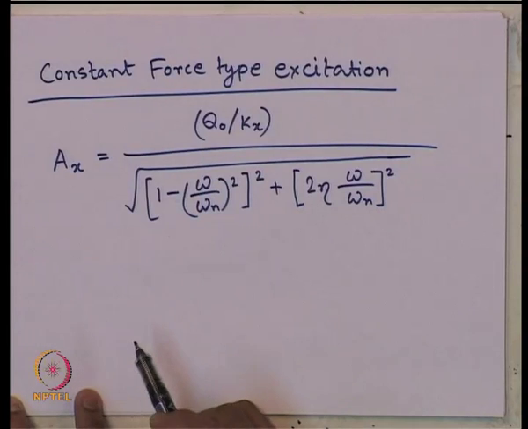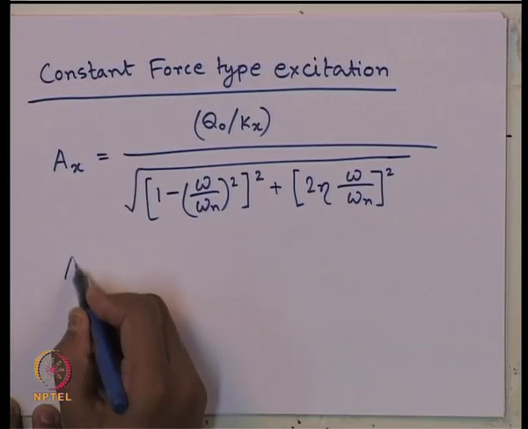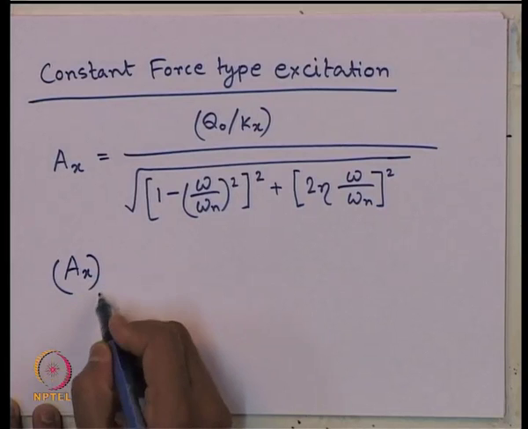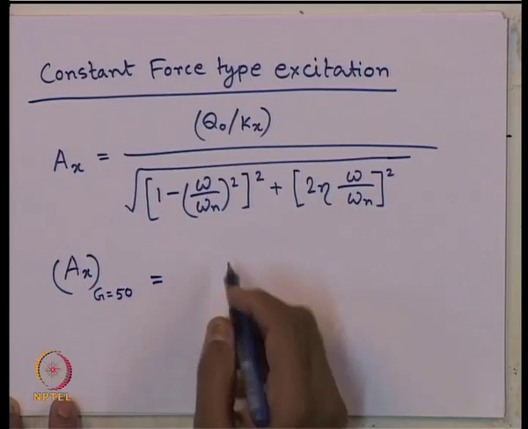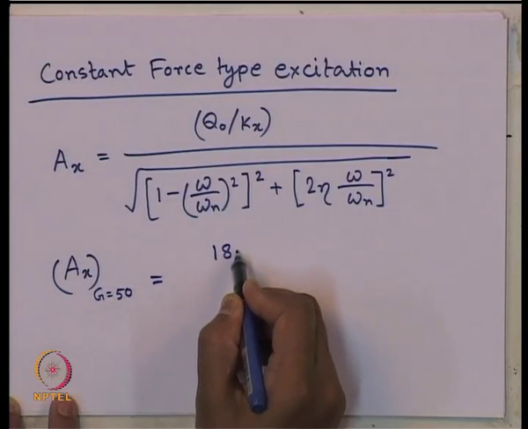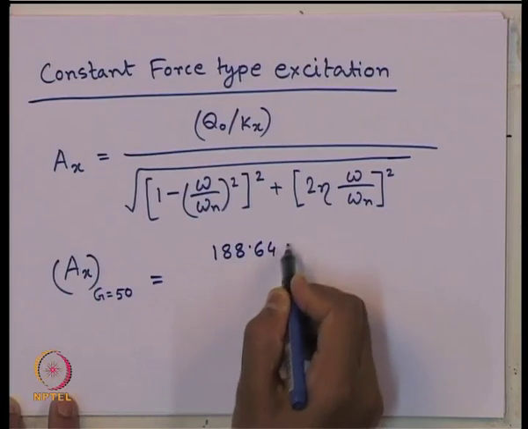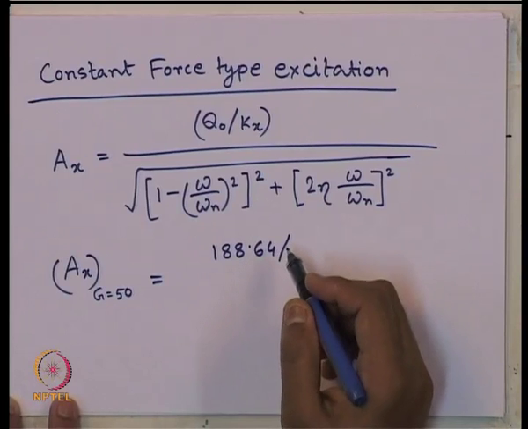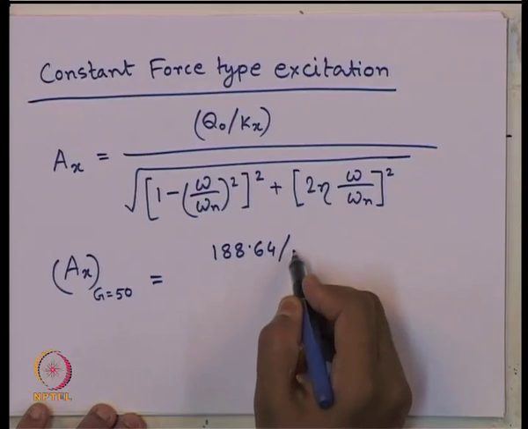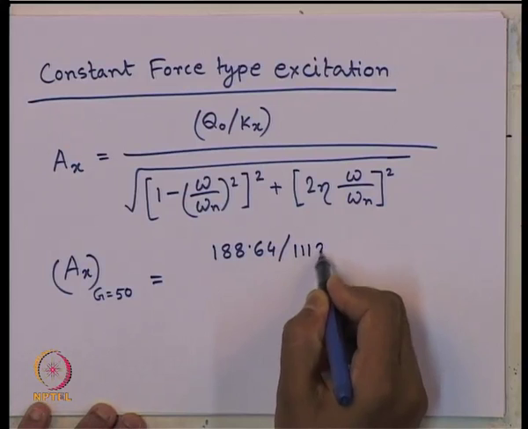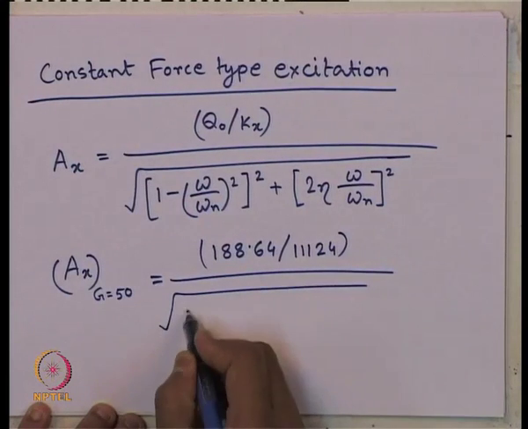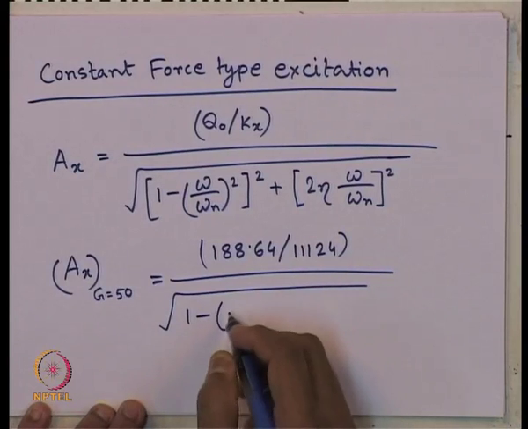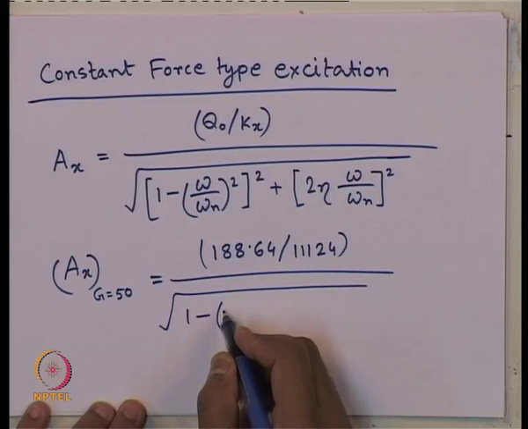So, remember that. So, our A x for the first type of soil, that is G equals to 50 TSF, will be 188.64 divided by K x. How much is K x? For the first case we got 11124, into 1 over root over 1 minus, what is omega? Omega is the operating frequency, that is 1500 RPM.